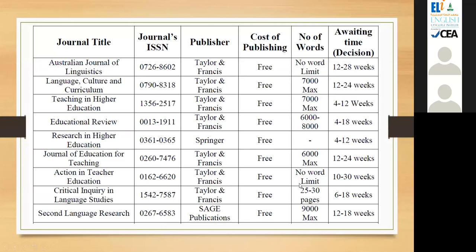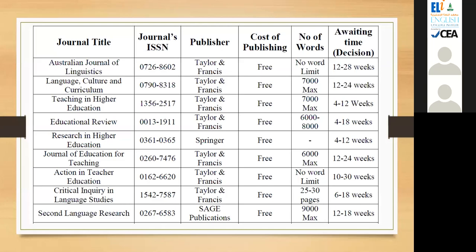So sometimes what's difficult is that, let's say you wrote an article with 5,000 words, okay? It's very hard for you to find a particular journal that fits with the number of words of your article.